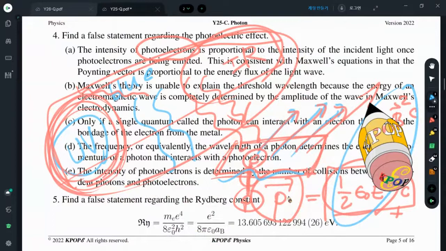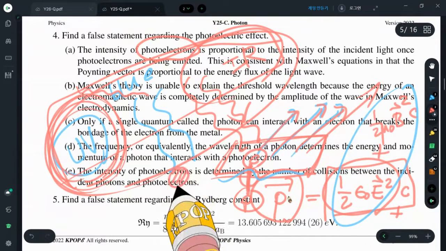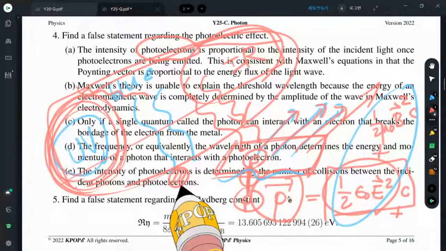That means the flux doesn't matter, and the crucial point is that the energy supplied by the electromagnetic field is mediated by a single quantum called the photon.